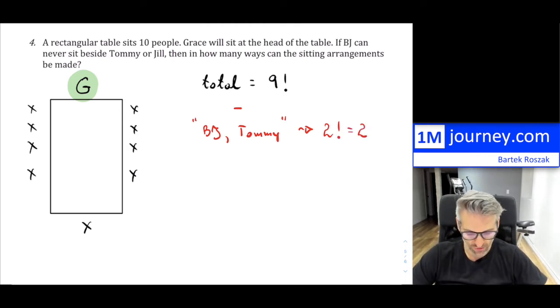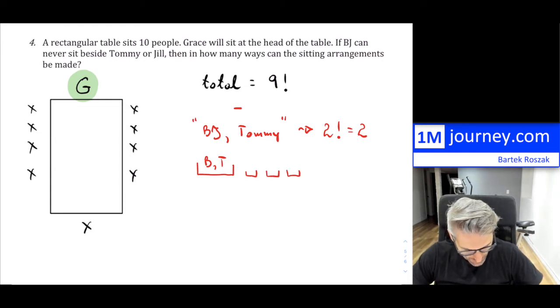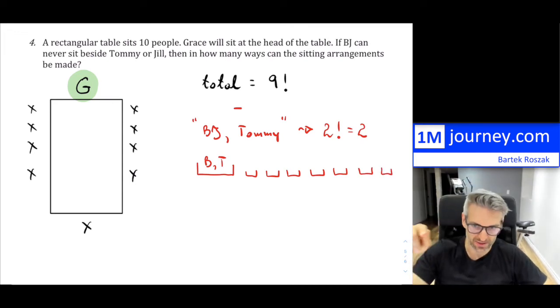And now that will leave me, if I fix that, 7 different ways that I can order the rest around the table. So I have 1 unit, which is BJ and Tommy, and then I still have 7 others.